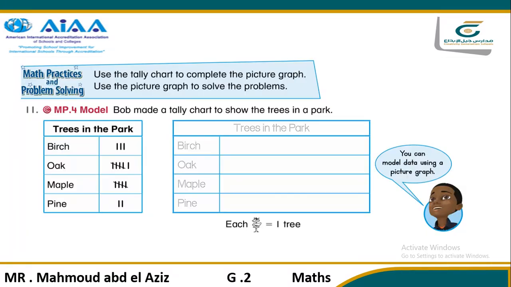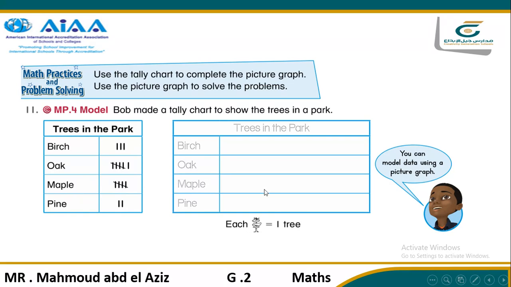So, dear students, with another question here, use the tally chart to complete the picture graph and use the picture graph to solve the problems. Here, Bob made a tally chart to show the trees in a park. We have here 4 kinds of trees. The first one, birch, we have 3 of them, and oak, the number here we got, excellent, 5 plus 1 equals 6, and maple equals 5, excellent, and pine equals 2.